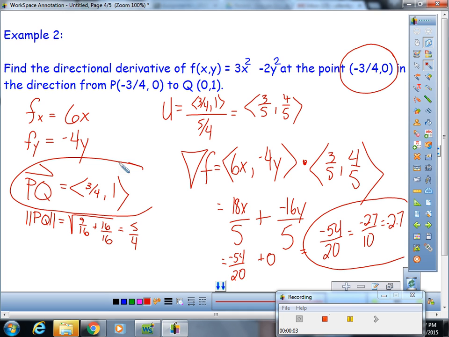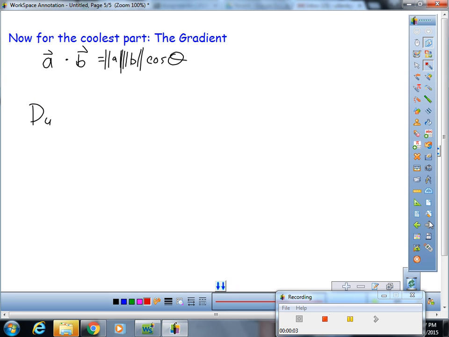Got it? Okay? So a little bit more useful than just the actual gradient, but still not as useful as what you're about ready to learn. So this would be the most important part of this section so far. Okay? So, yes.